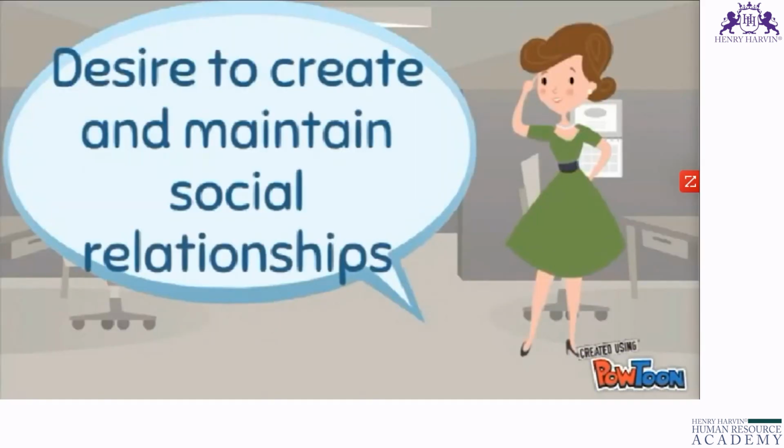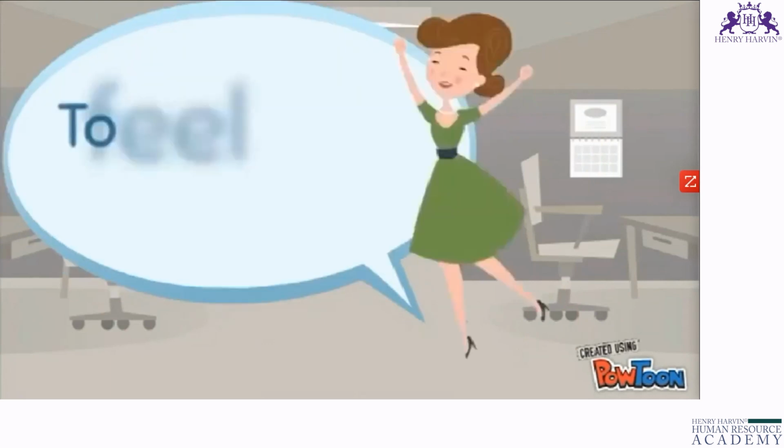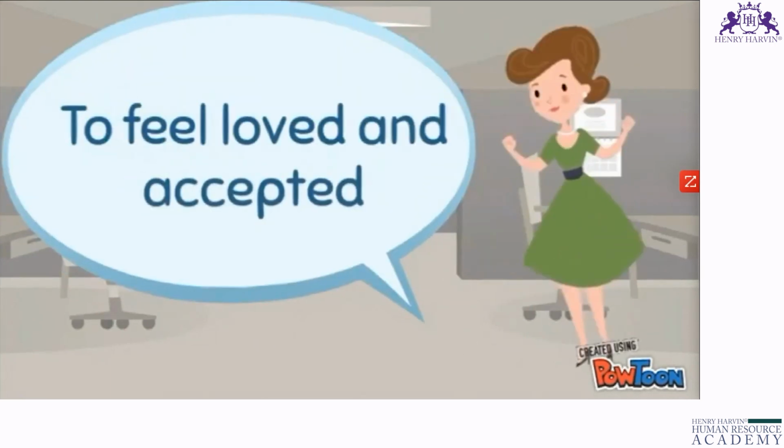People who are strongly affiliation motivated are driven by the desire to create and maintain social relationships. They enjoy belonging to a group and want to feel loved and accepted. They may not make effective managers because they may worry too much about how others feel about them. The individuals who are motivated by affiliation needs want to feel loved and accepted.